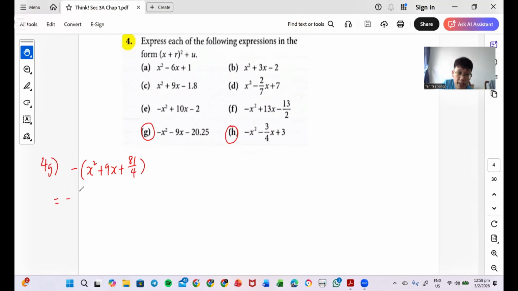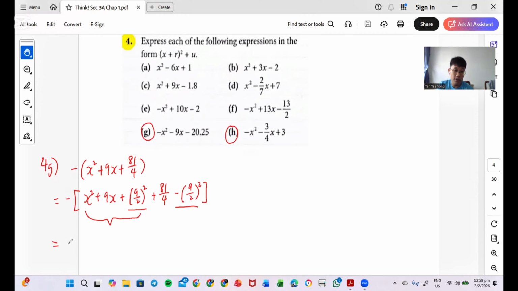So next part, negative bracket. So x squared plus 9x plus 9 over 2 square. Okay, then plus 81 over 4 and then minus 9 over 2 square. Okay, so look, this part I add, this part I minus. So that the whole thing is still actually the same thing. Now I complete the square for this part. So equals negative square bracket x plus 9 over 2 square.